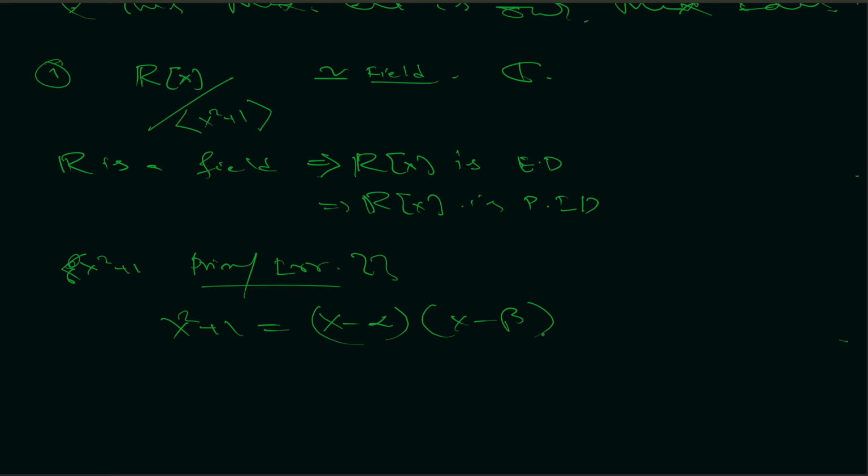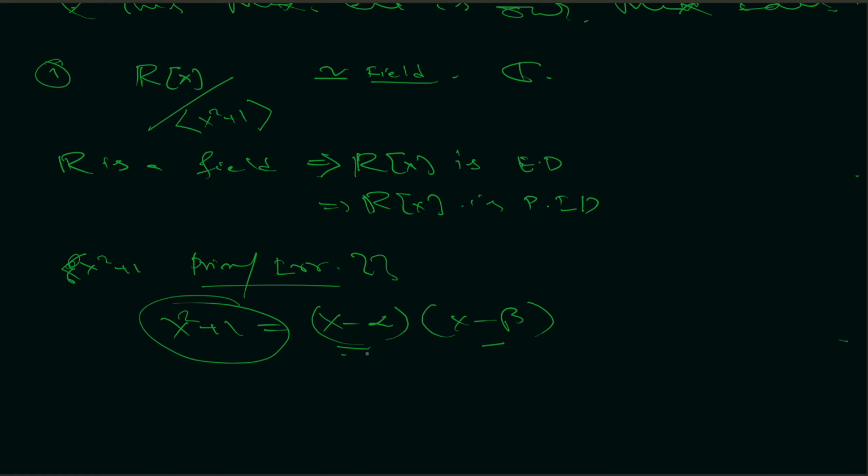See, this x square plus 1 has no zero in R, but x minus alpha, x minus beta has zeros in R, because alpha and beta should be members of R. So one of them must be constant. If it is reducible, then this polynomial is not irreducible.